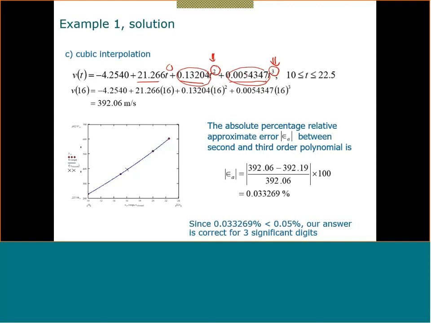You can see clearly that when you calculate V at 16, it is 392.06. It was 392.19. This is good for 3 significant digits. When you take the absolute relative approximate error between this and the previous one, it's good for 3 significant digits.